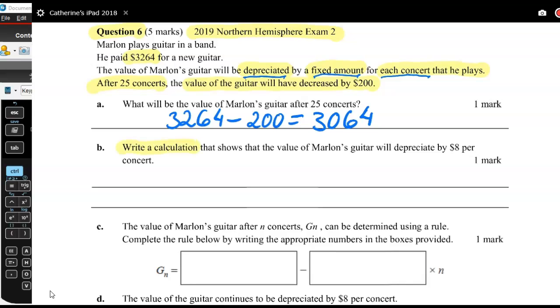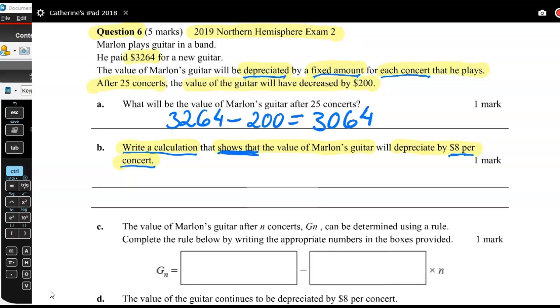Write a calculation that shows the value of Marlon's guitar will depreciate by $8 per concert. So this is a show that question. We've been told the answer, that it's going to depreciate by $8 per concert, but we have to show the calculation that proves that. Whenever you get a show that question, you can't use that answer as part of your calculation. We've got to show the calculation we actually would have used to get that $8.